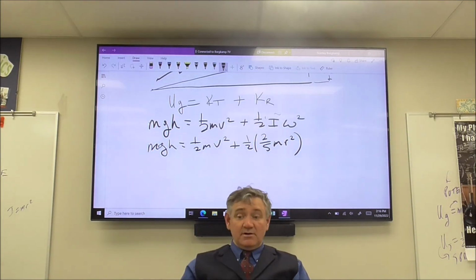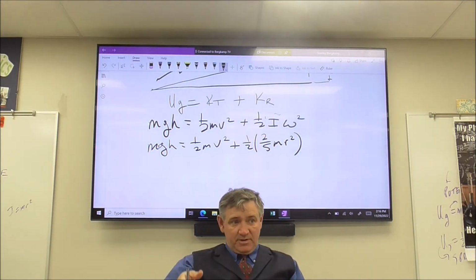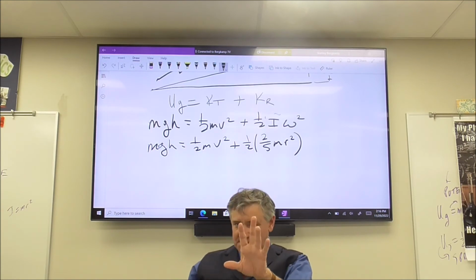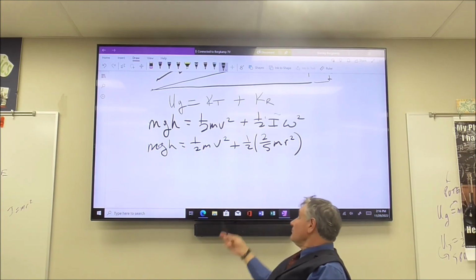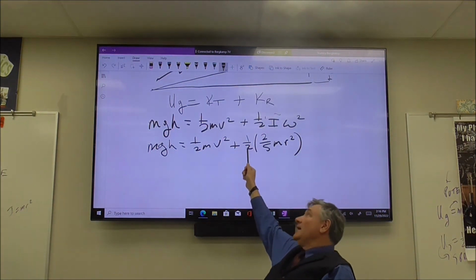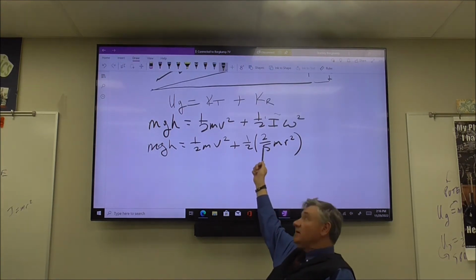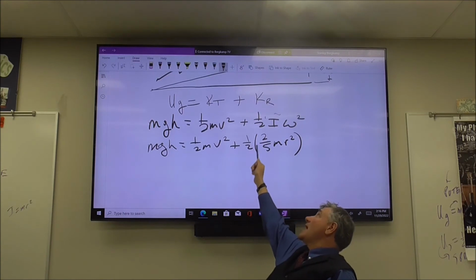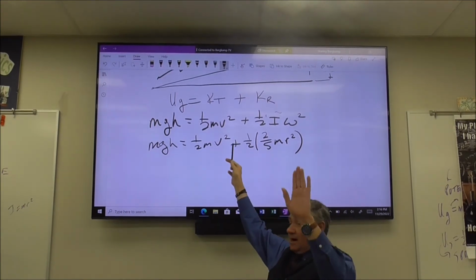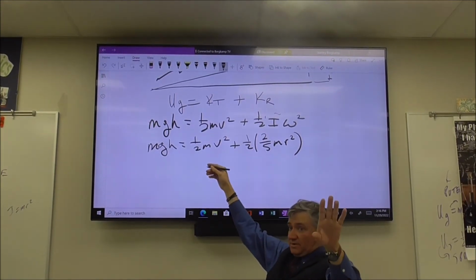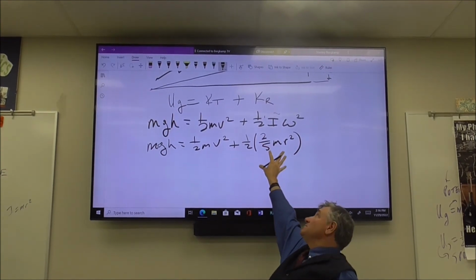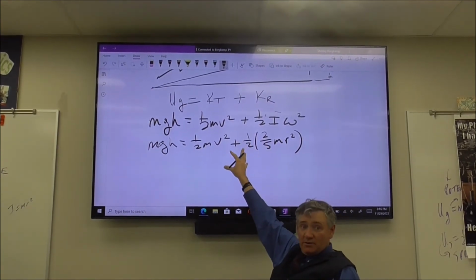If it had been a cylinder, it would have been 1/2 mr squared. Now, here's a common mistake that's made. This 1/2 here is independent of that moment of inertia equation. So don't think this 1/2 is part of that I. That 1/2 was always going to be there. The whole substitution occurs for that value of I.